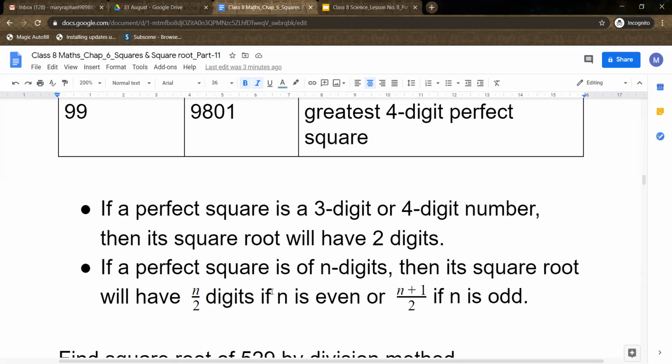If a perfect square number has n digits, then its square root will have n by 2 digits if n is even, or n plus 1 by 2 if n is odd. See the last one in this table, 4 digits are there. So 4 digits is an even number, so 4 by 2, that is 2. So its square root will have 2 digits.